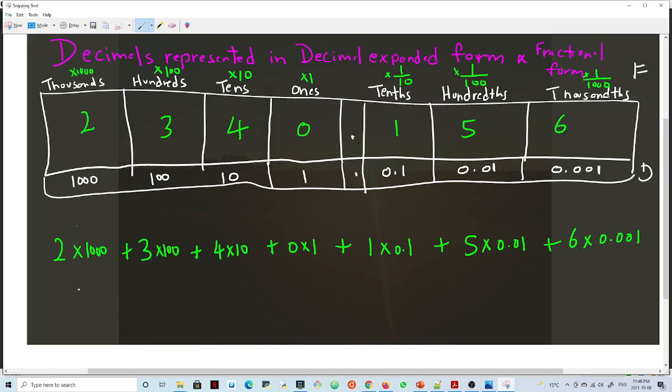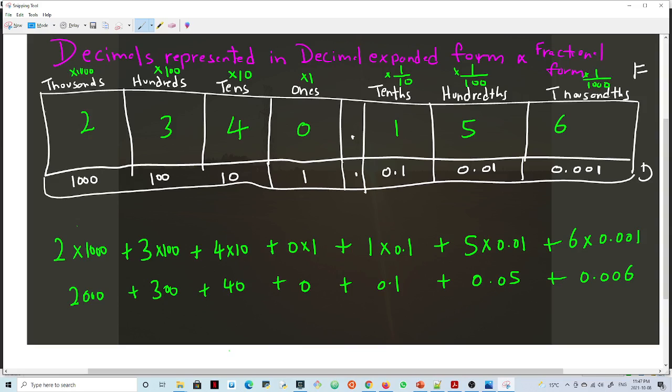Alright, so this here is the same as 2000 plus 300 plus 40 plus 0 plus 0.1 plus 0.05 plus 0.006. Alright, so this here will give you the decimal equivalent.